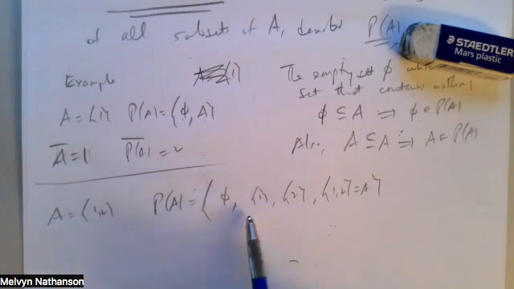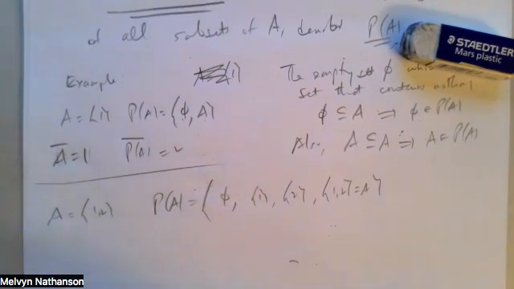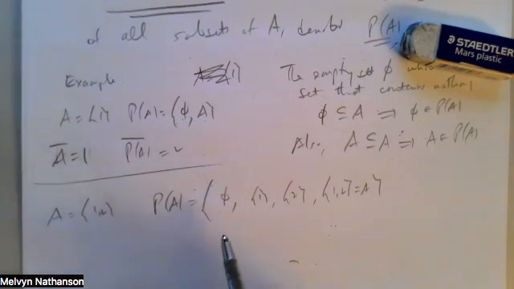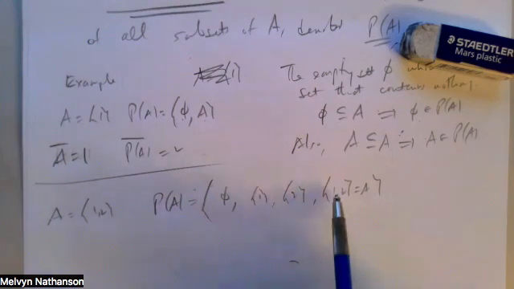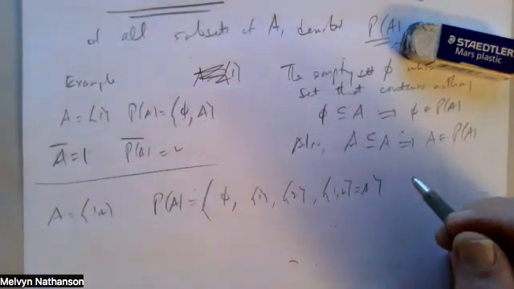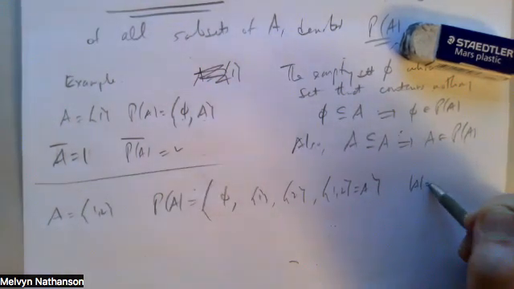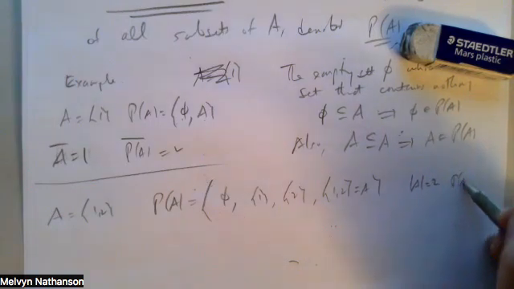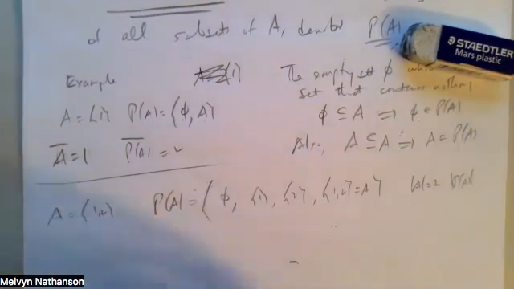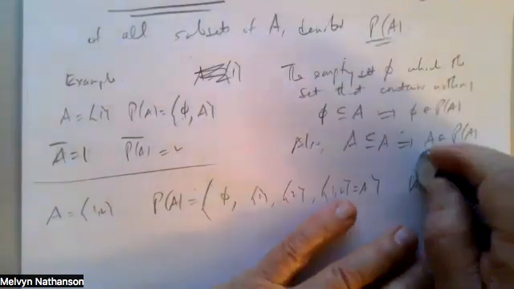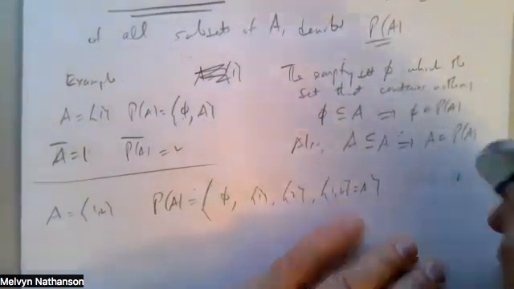And these are all the subsets of A. And the number of different elements in this power set: 1, 2, 3, 4. So we have the cardinality of A is 2, and the cardinality of the power set is 4. We use bars to denote cardinality.